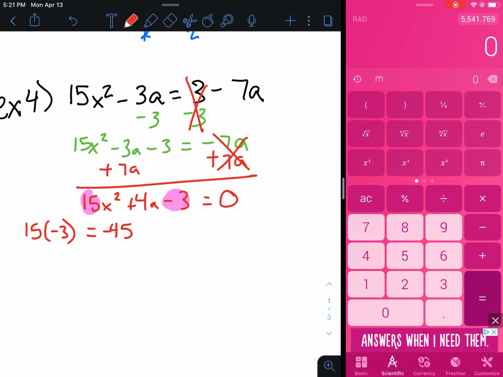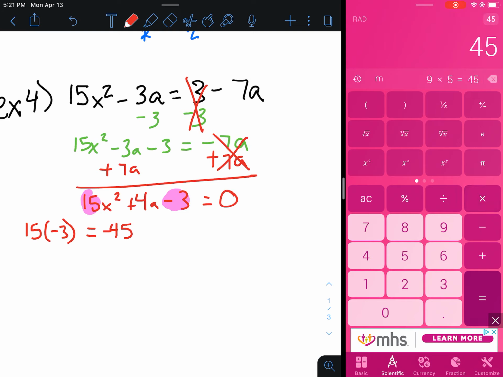So if we look at this, we have 9 times 5, but if it was negative, that would be negative 45. And if we do 9 plus negative 5, that gives us positive 4. So that does check out. We do 9 times negative 5 is negative 45, and 9 plus negative 5 is positive 4.